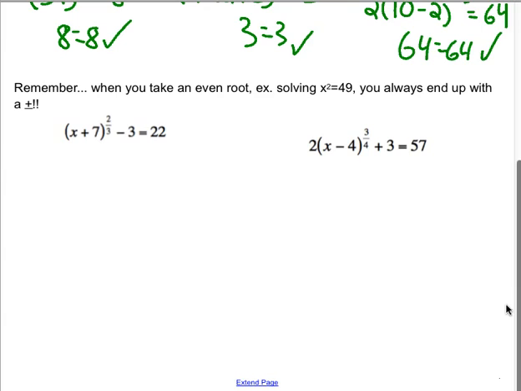Okay. So first off, we need to follow the same rules that we did before. So we need to isolate the rational exponent expression. So what that means is I'm going to add the 3 over. So I'm going to have x plus 7 to the 2/3 power equals 25.